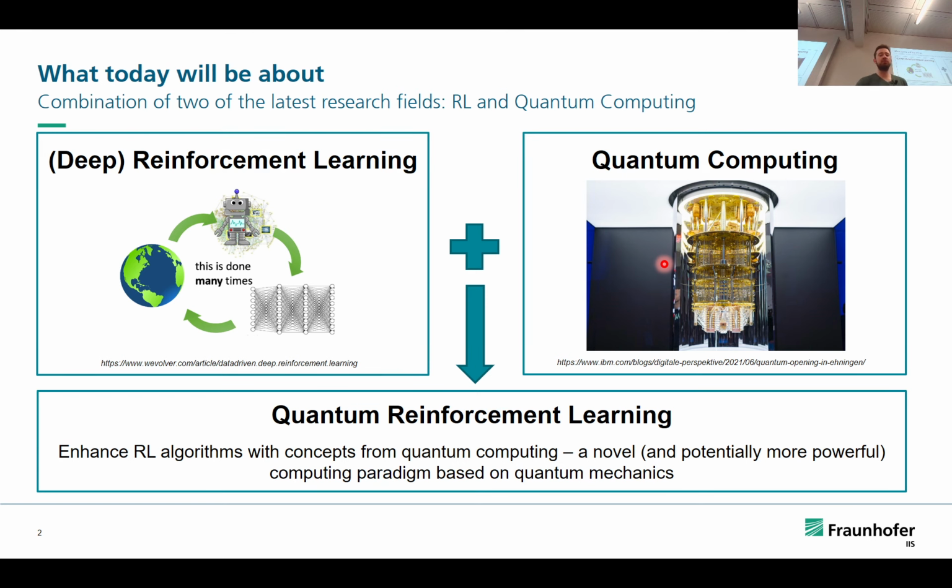There's no unique definition of quantum reinforcement learning, but what we are going to interpret today is that we take some classical reinforcement learning approaches and try to enhance them with concepts from quantum computing to, for example, enhance the parameter complexity or also the sample complexity, so the number of interactions that we require with the environment.